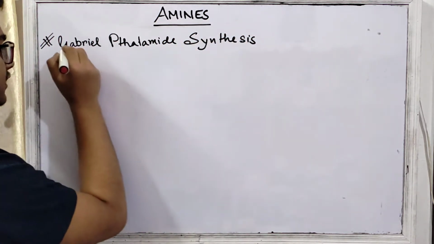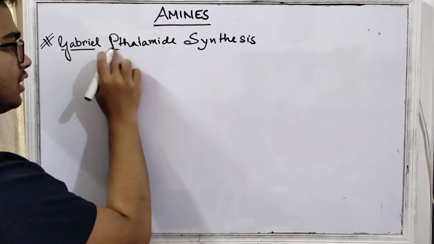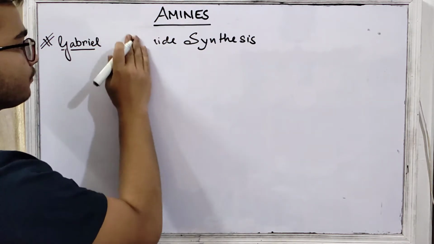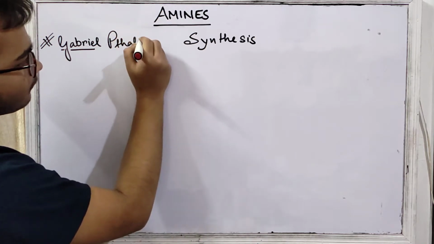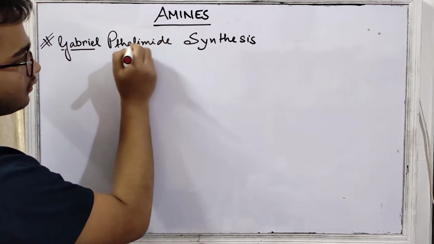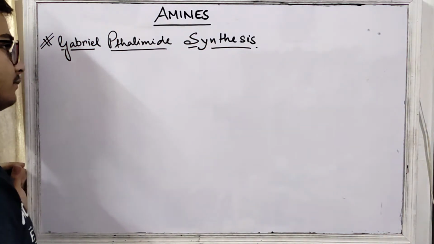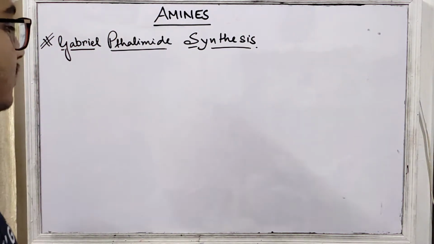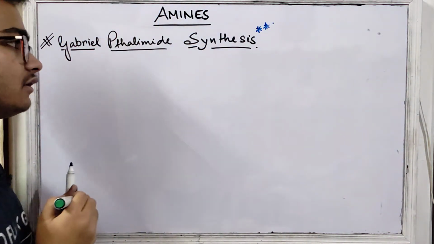Now, this thing is very important for your exams. This is Gabriel phthalimide synthesis of amine. So, this is very important. So, let's make a star. Okay, this is an organic star.